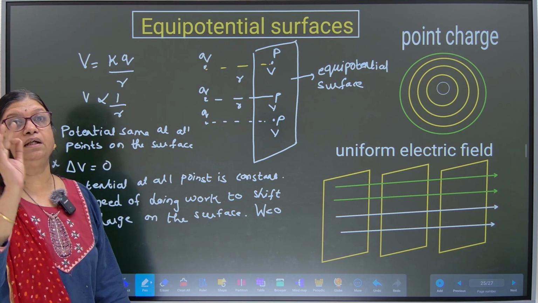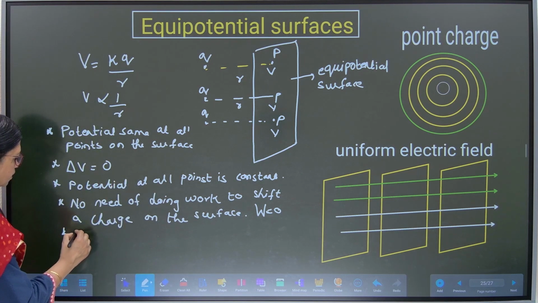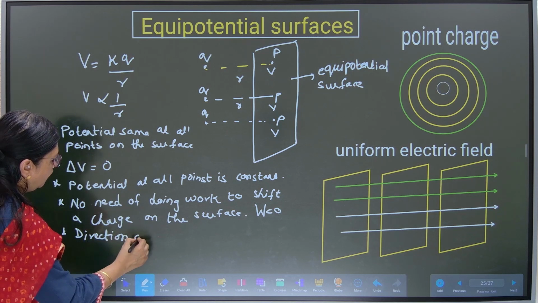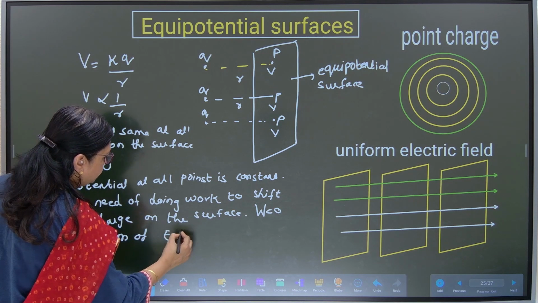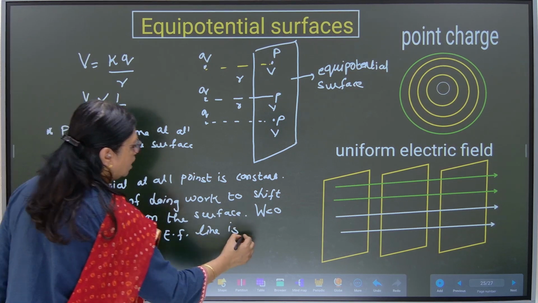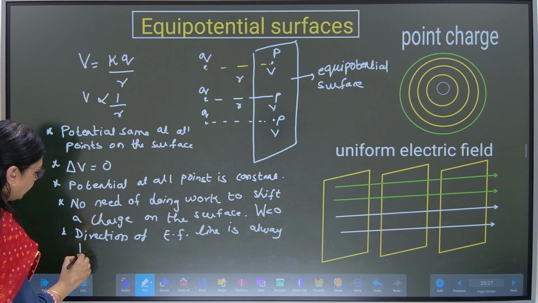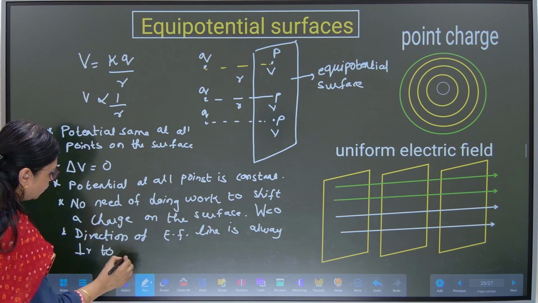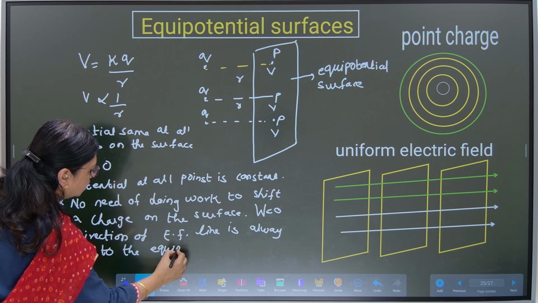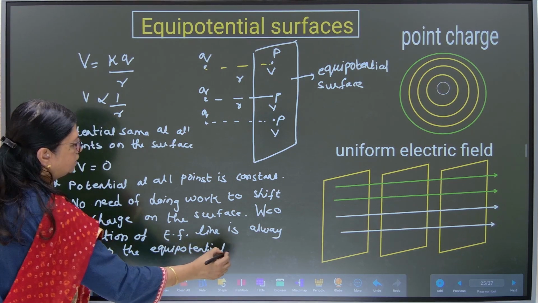So, the direction of electric field line, I am writing in short, is always perpendicular to the equipotential surface.